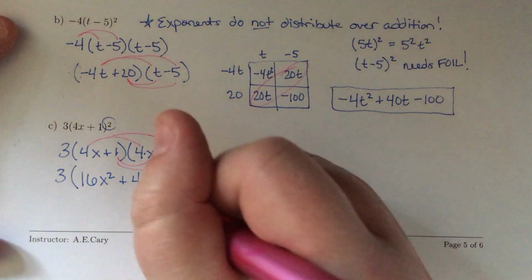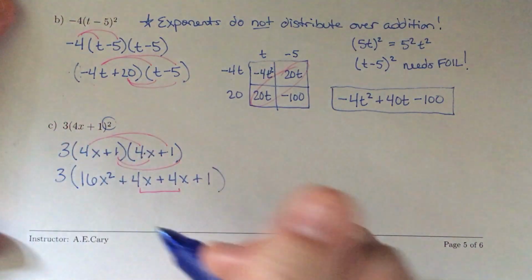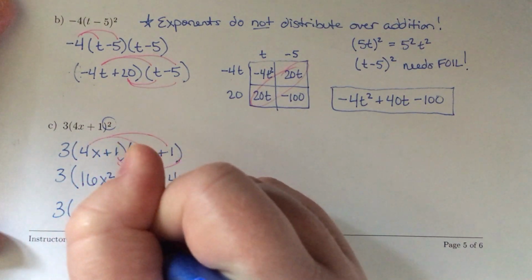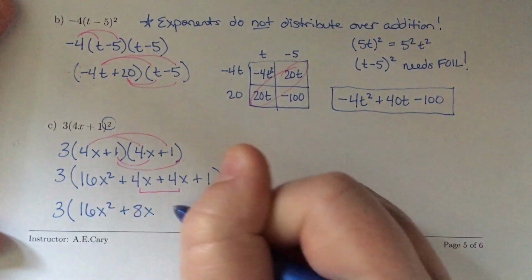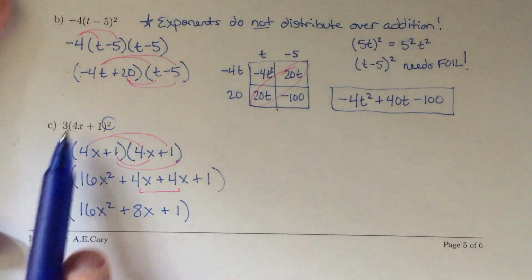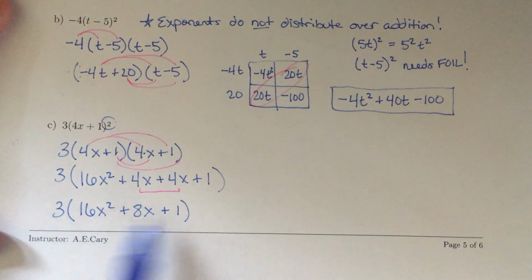Just like with the box method, we're always going to have like terms. Maybe not always. I don't want to throw always out there, but usually we'll have those like terms. So it's 16x squared plus 8x plus 1. And if doing it this way, where you left the 3 out, you have to remember to finally multiply through by it.